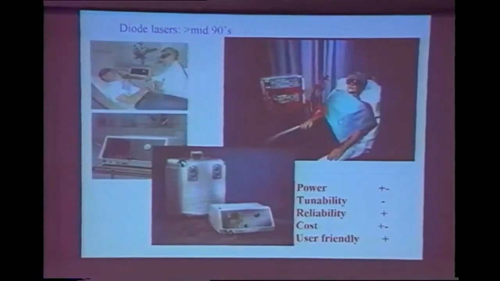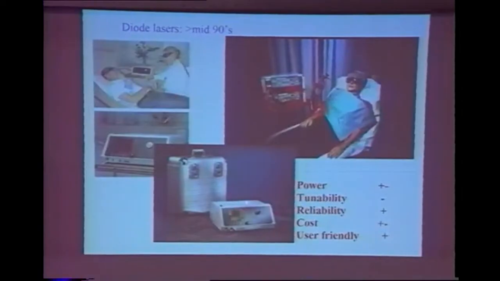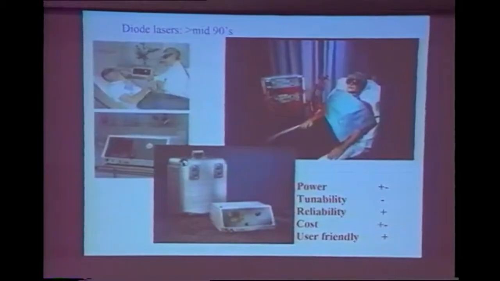This is about $50,000. So if you need one of these for each photosensitizer, then this becomes expensive again. The advantage is they're very user-friendly and very reliable. So these are really the state of the art at the present time for laser-based PDT.